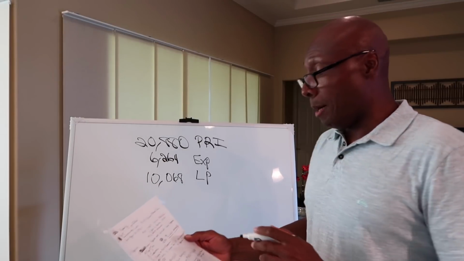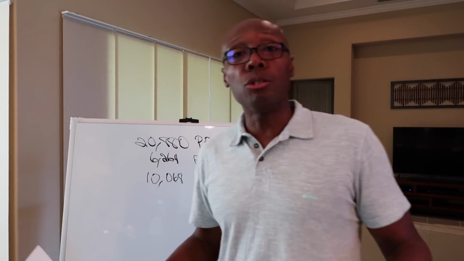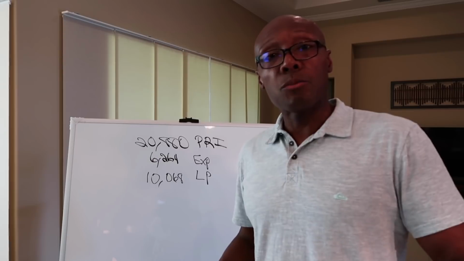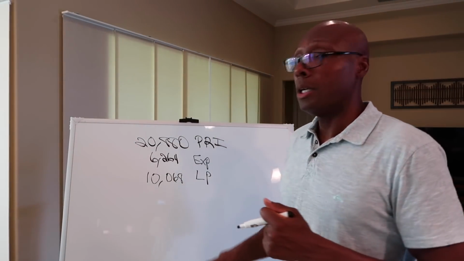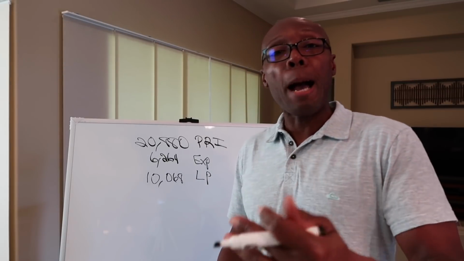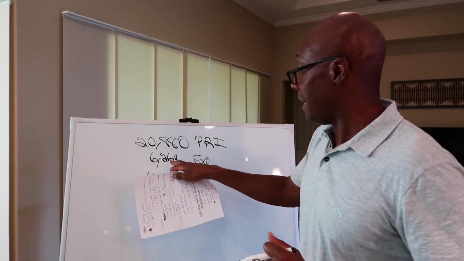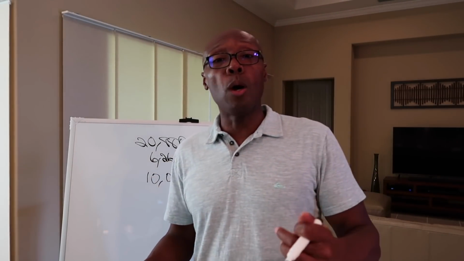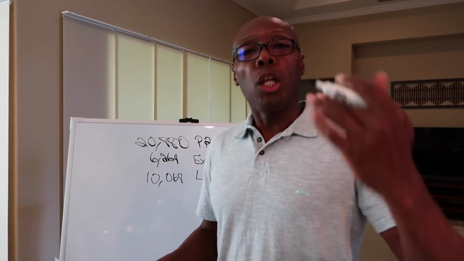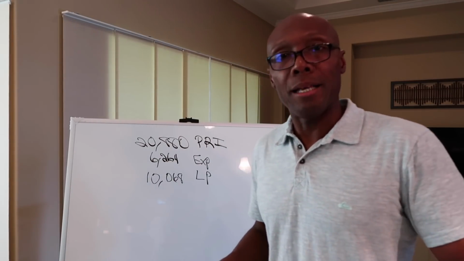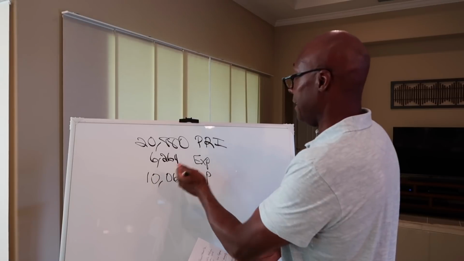So now I know what my potential rental income is going to be. That's that number. I know what my potential operating expenses are going to be. That's that number. And now I also know what my potential loan payment annualized would be, which is that number right there.